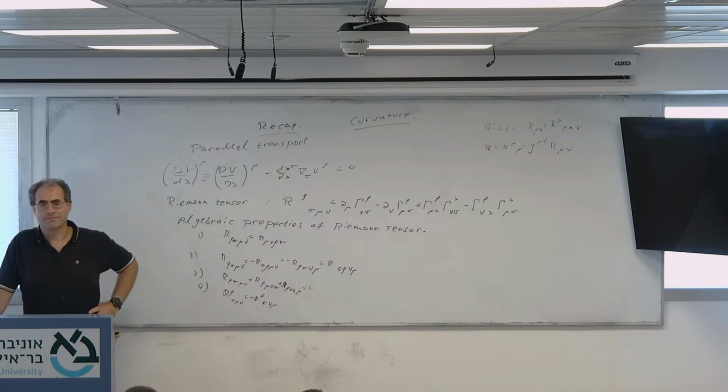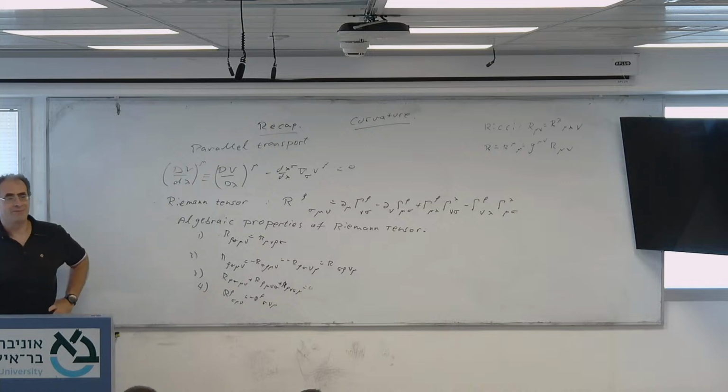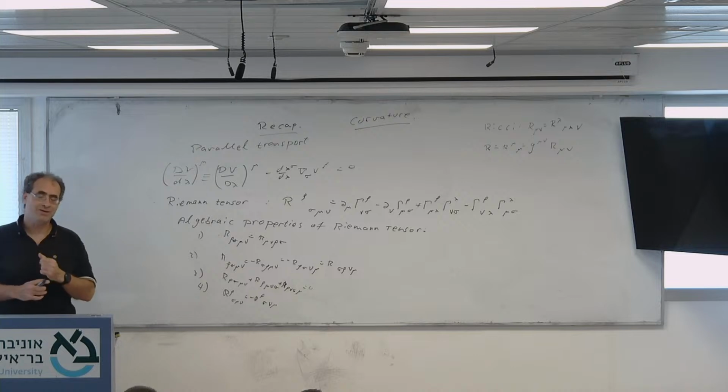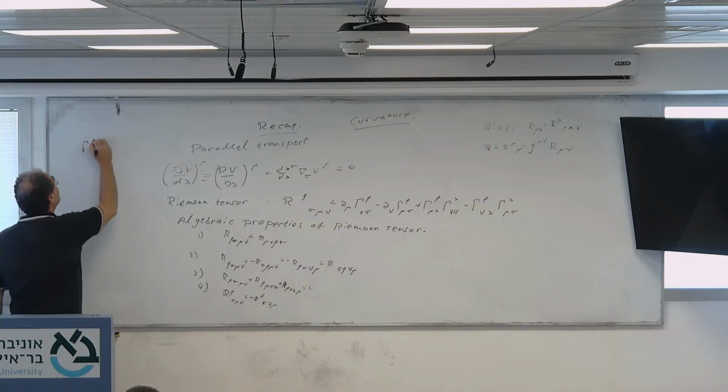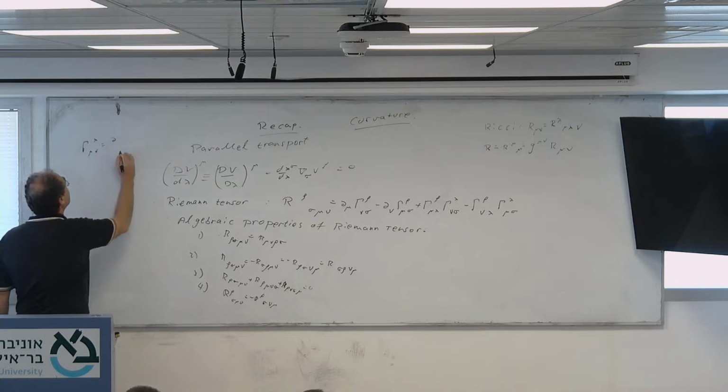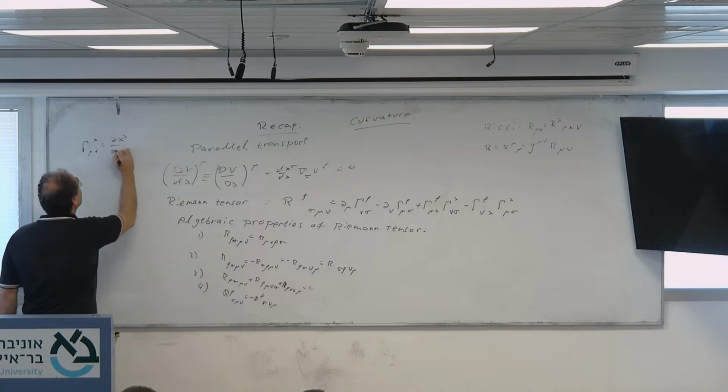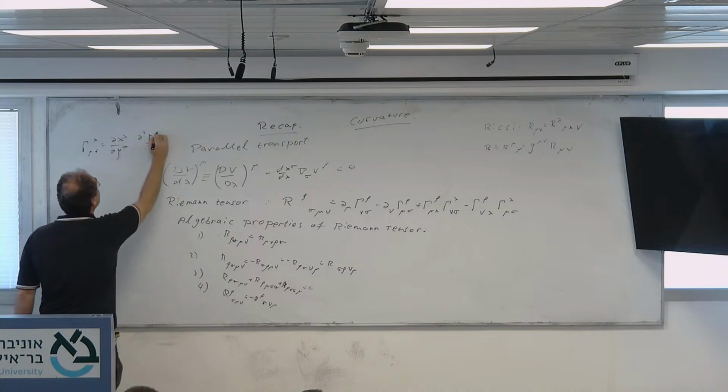I'm not 100% sure. We took the definition when we got the affine connection, right? I remind you: Gamma lambda mu nu is dx lambda over d psi alpha, d squared psi alpha over dx mu dx nu.